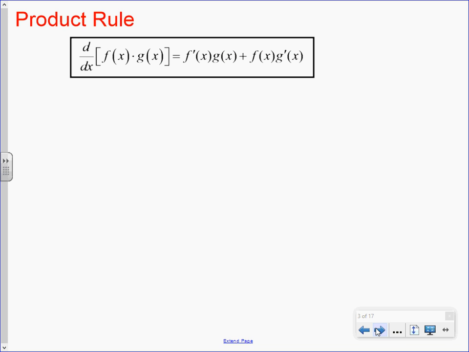So if you have 2 functions multiplied together, when we take their derivative, we're going to take the derivative of the first function times the second, plus the first function times the derivative of the second. So they kind of get paired up with derivative and original between the 2.